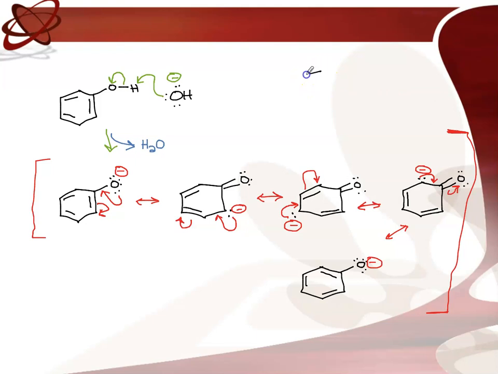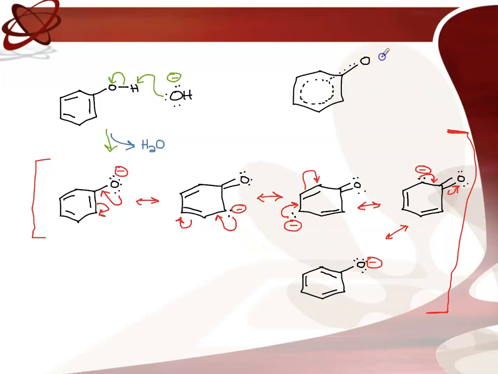If you wanted to draw a resonance hybrid here, we'd probably just show our standard benzene resonance, and then show this entering into that benzene resonance to illustrate the fact that the electrons are being spread out between this oxygen and the various carbons.